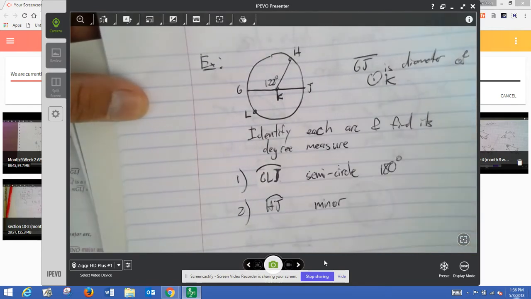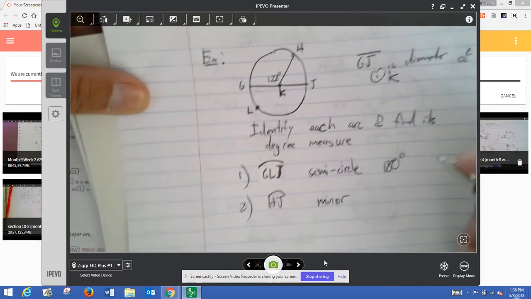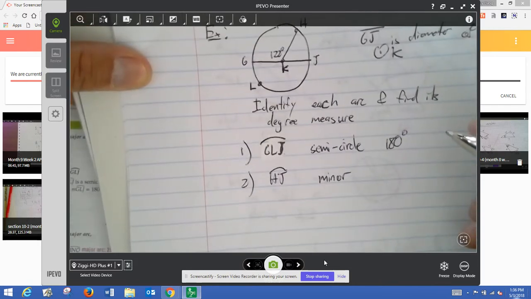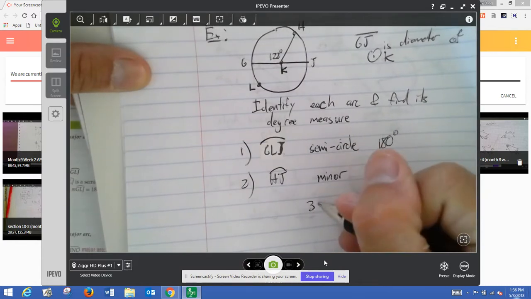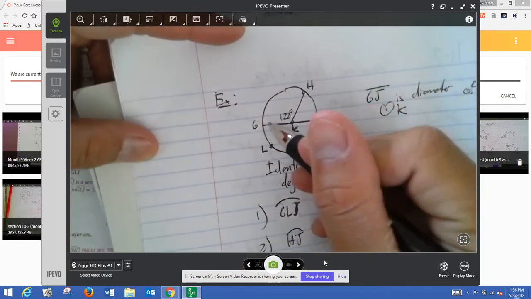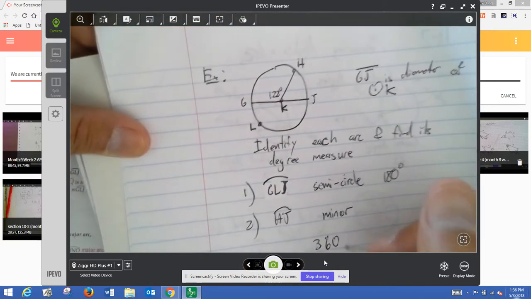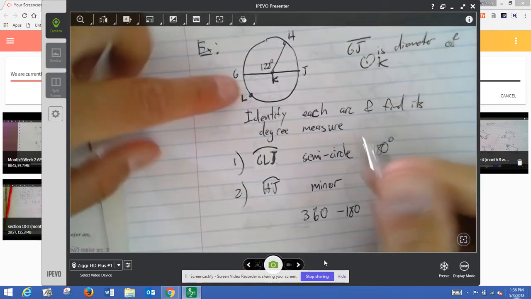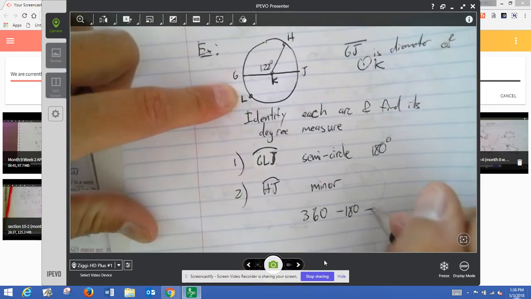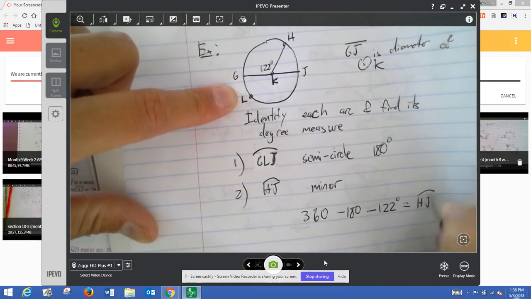And then how would you solve for that? Subtract 122 from 180. Oh, I see, because you said this is 180 and you think this is 1. Okay, so what I'm going to do is take the whole circle and then subtract the 180 from GLJ 122 to find the measure of HJ.